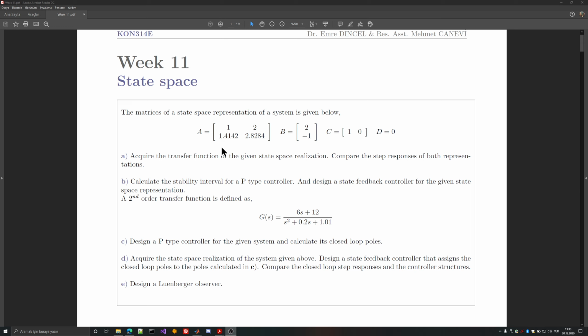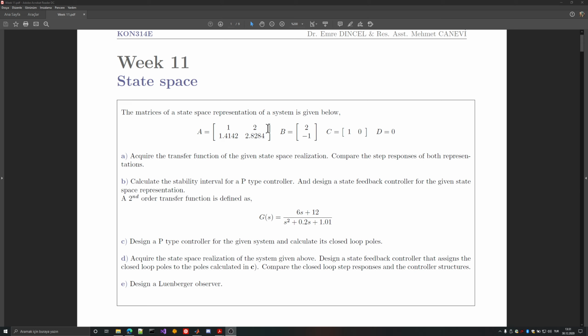Well, let's start with a given system. Let me remind you that the state space models are defined as x dot equals Ax plus Bu. So you have x dot, where x are the internal states, and that equals Ax plus Bu. So you have basically n first order differential equations. You can convert that into an nth order differential equation.